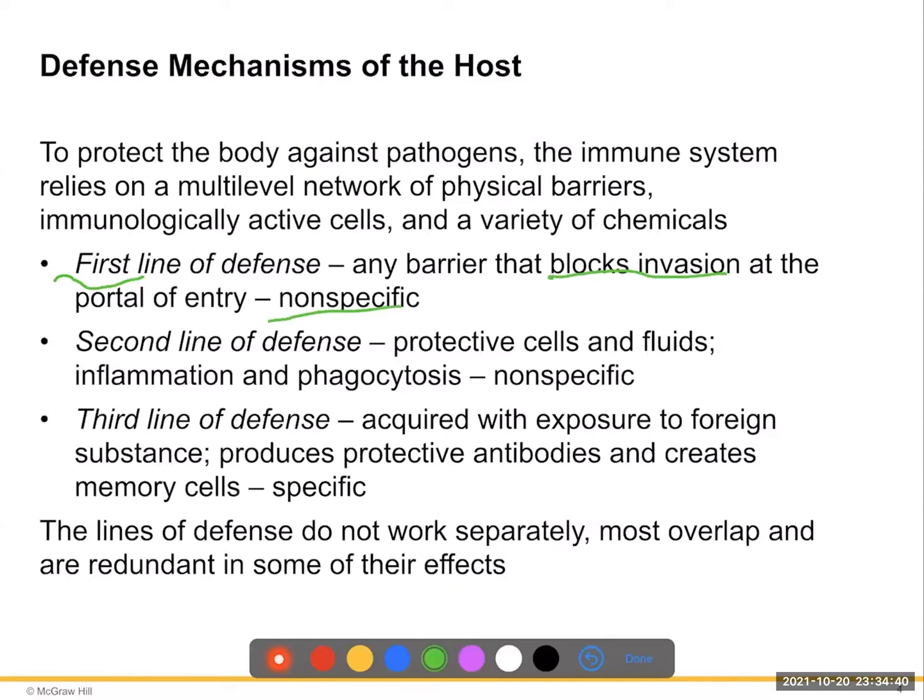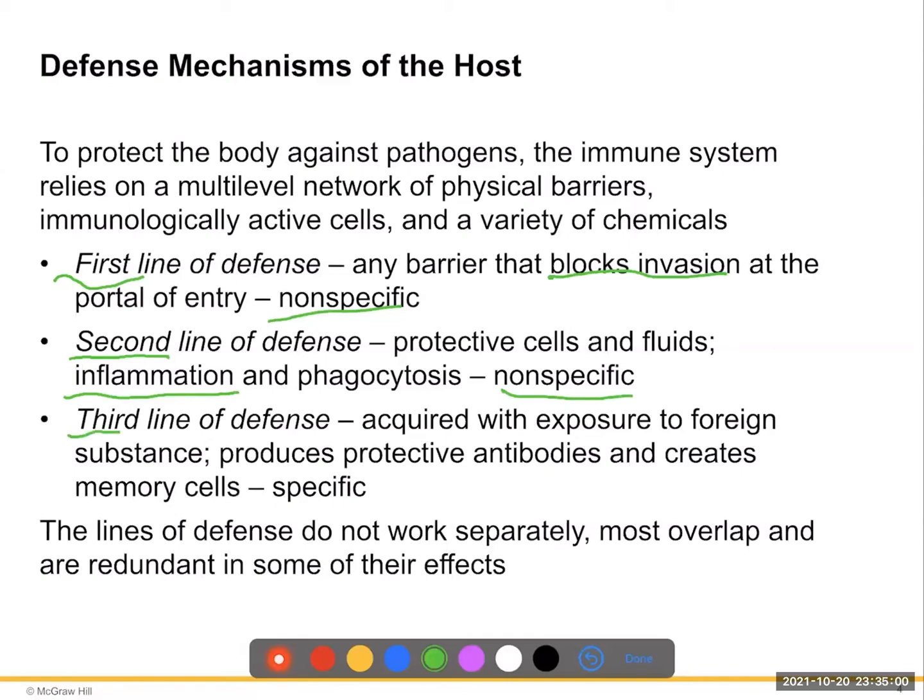The second line of defense: protective cells and fluids, inflammation, phagocytosis. An inflammatory response, you get a fever, we've got invading cells in the area. You respond to that pathogen, and it's a non-specific response. And then you have phagocytosis where you dissolve or eat the pathogen.